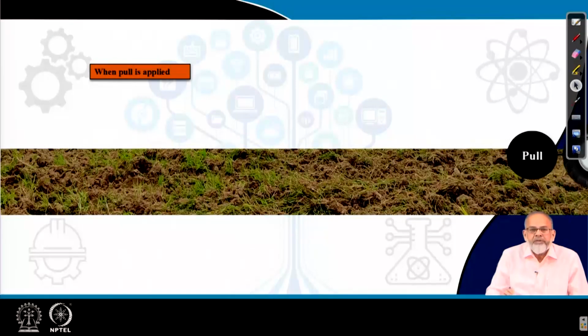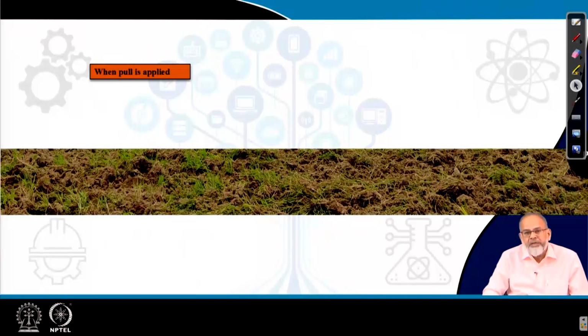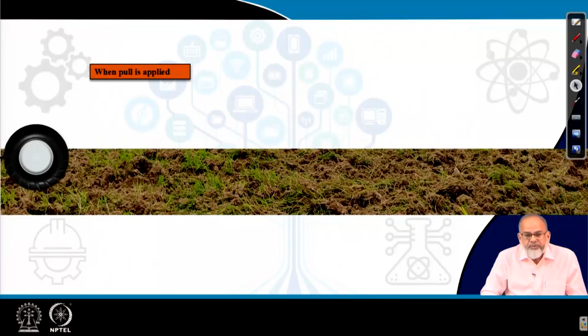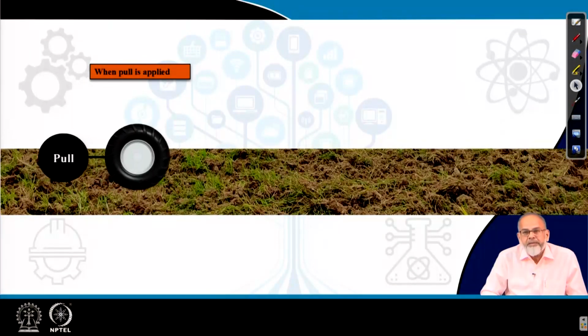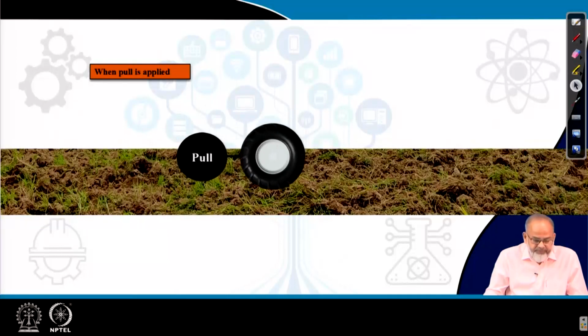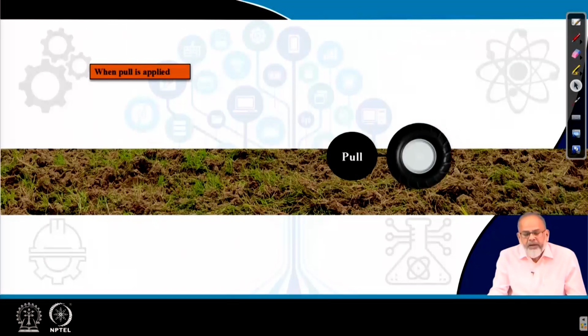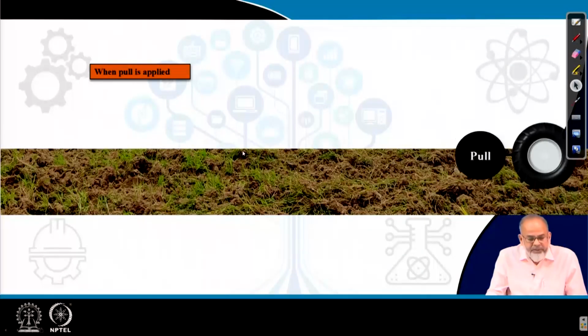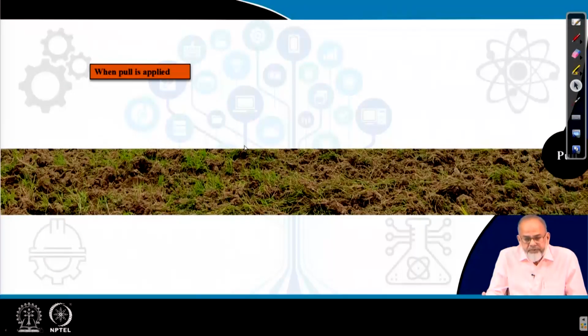That means the wheel will try to move forward, but we are pulling the wheel from backward. So there will be an interaction between pull, wheel and soil, and finally the wheel is going to slip. Now I will demonstrate how to find out these parameters, theoretical speed and actual speed, and knowing these two parameters we can derive the value of slip.